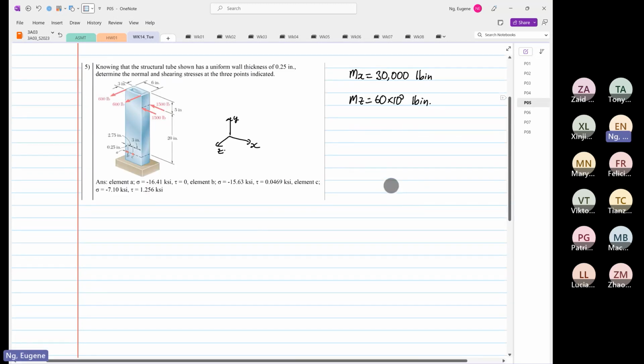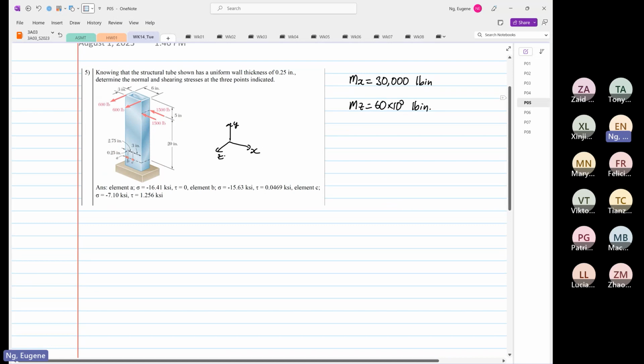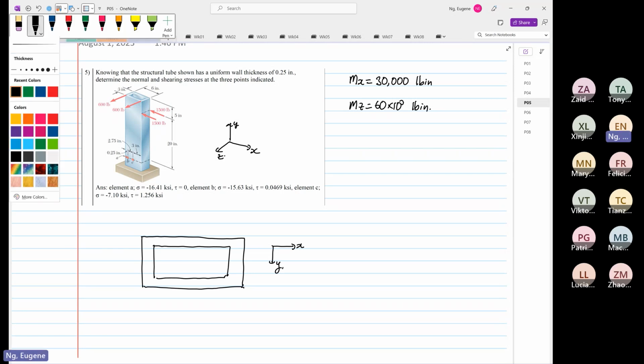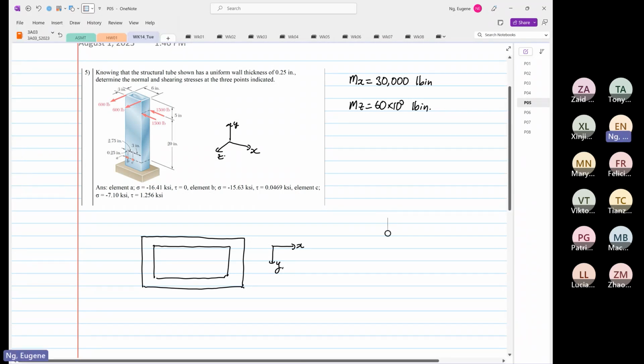So now again we drew our cross-section view, right? So this is our X, and this is our Y. And then we have our element A, which is exactly at the corner.